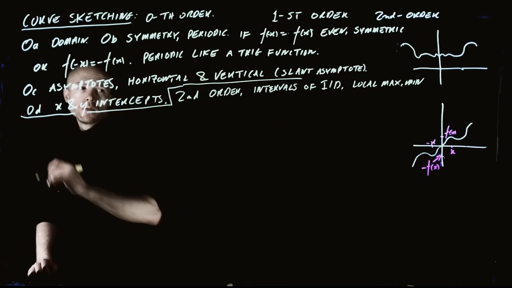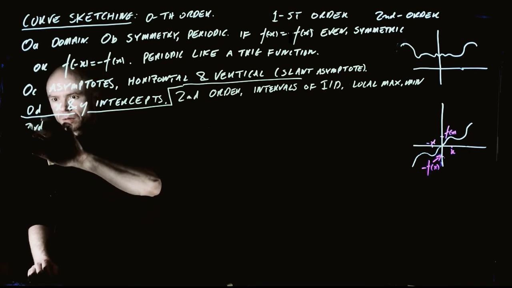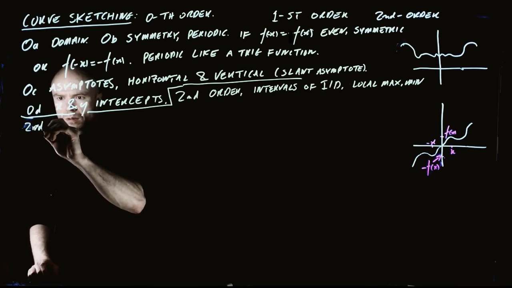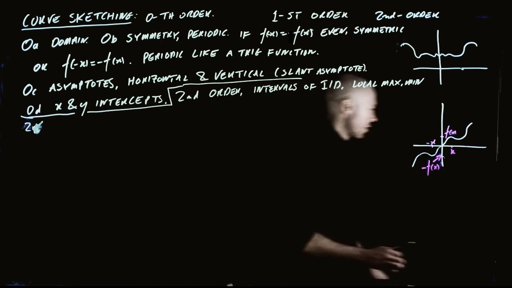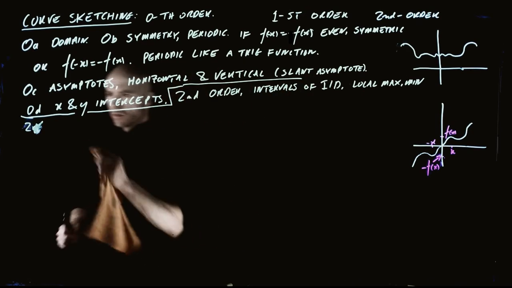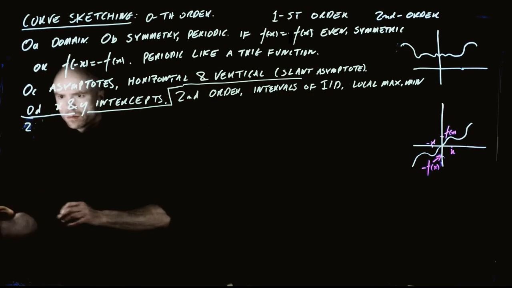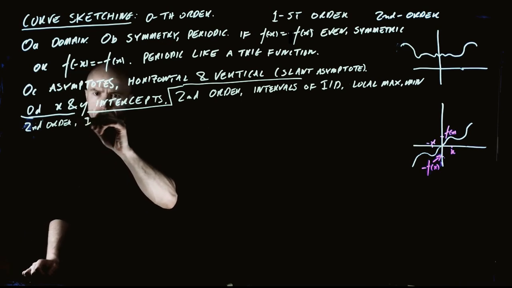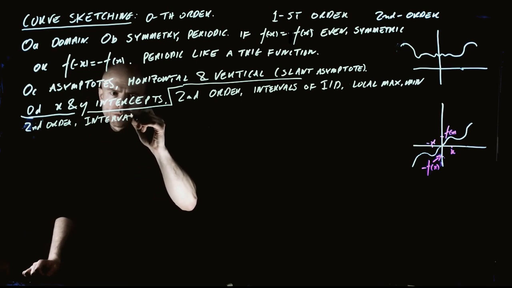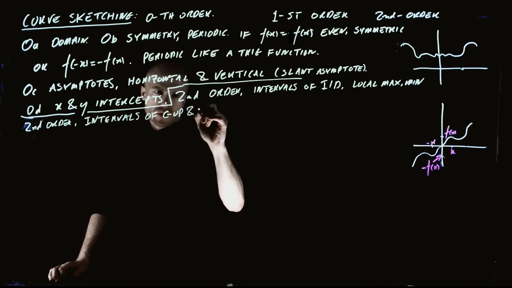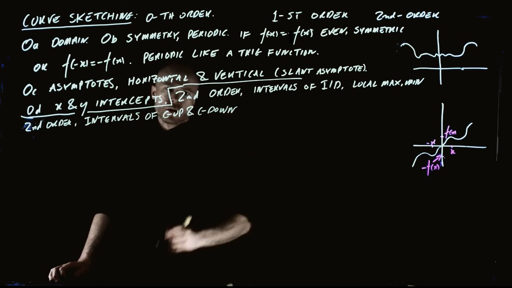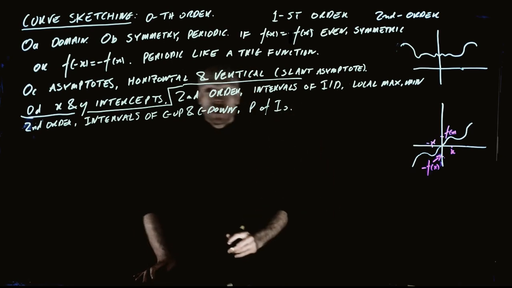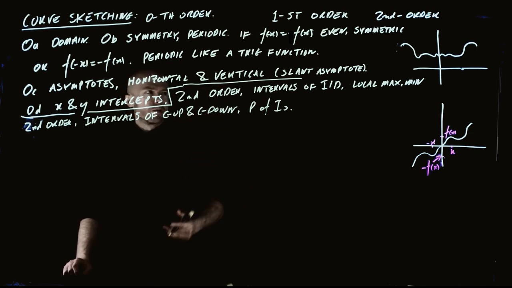And then the second order: intervals of concave up, concave down, points of inflection. Okay, so the first order and the second order are exactly as we've done before.